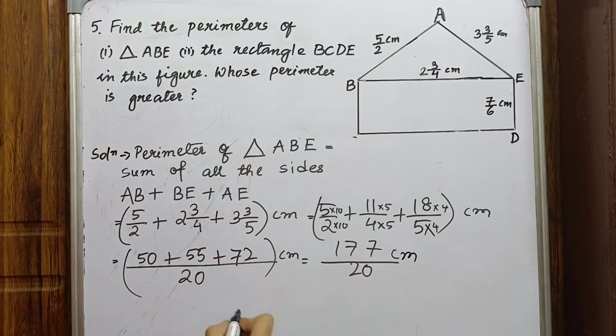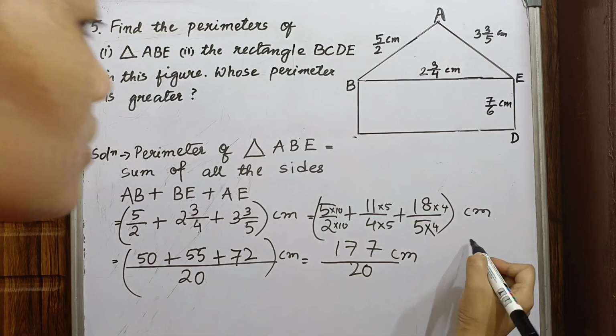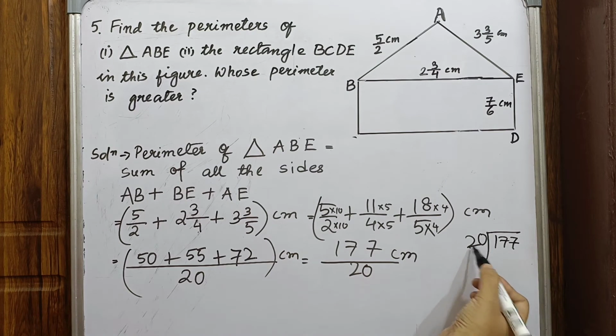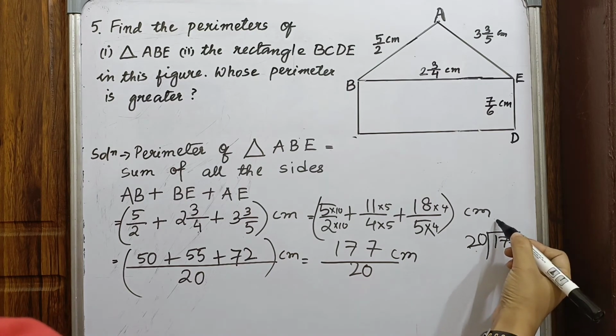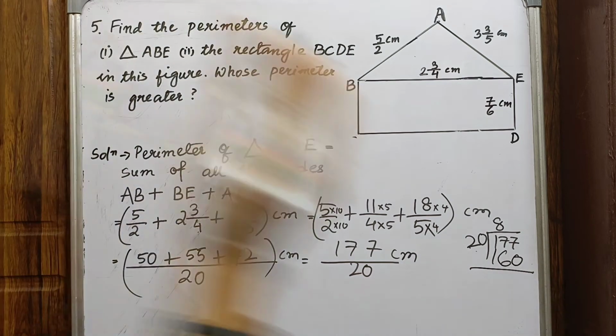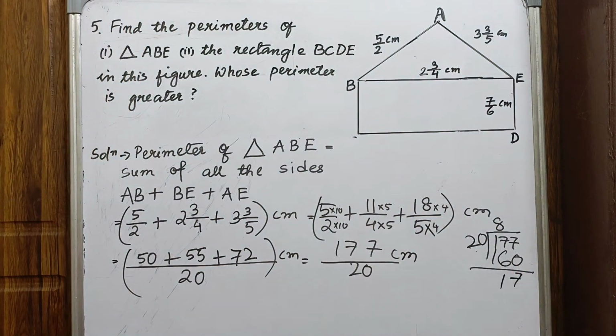You can keep as it is or you can divide. 177 divided by 20 is 8, 20 into 8 is 160. Remainder 17. So it is 8 17 by 20.